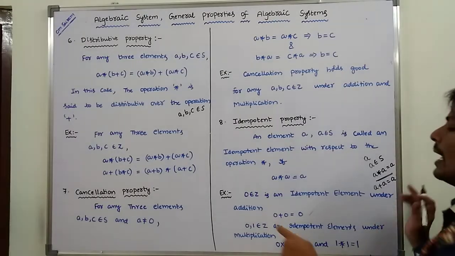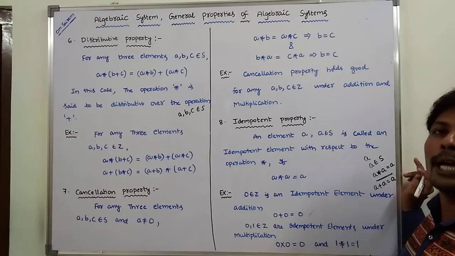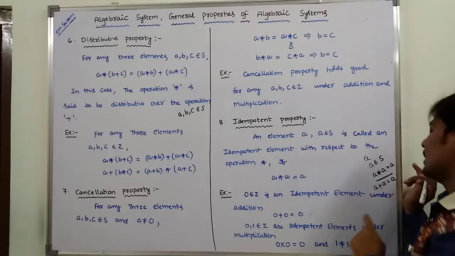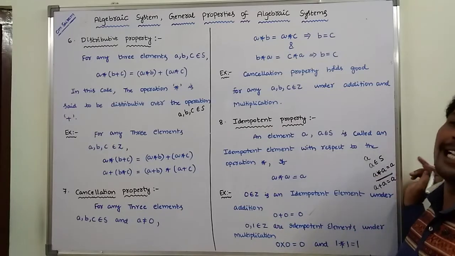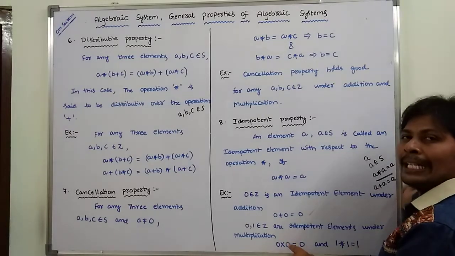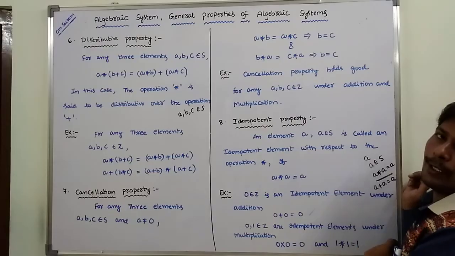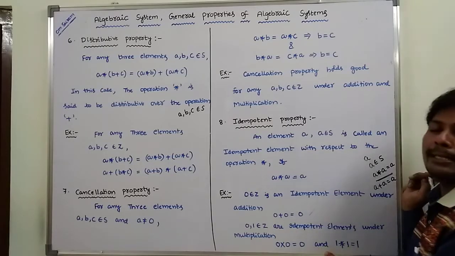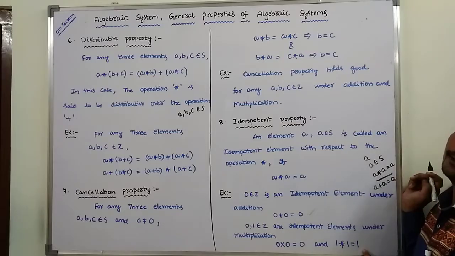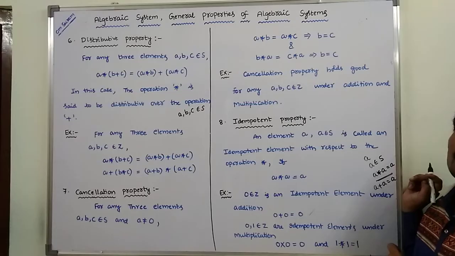Next, another example. We take two elements 0 and 1 from the non-empty set Z, under the operation multiplication. 0 is multiplied with 0, we get the result also 0. Next, 1 is multiplied with 1, we get the result also 1. So both satisfy the idempotent property.